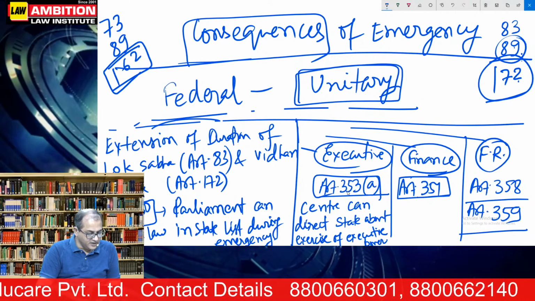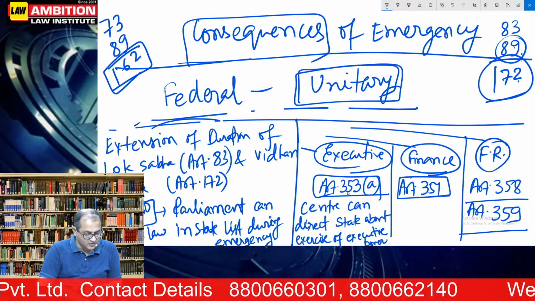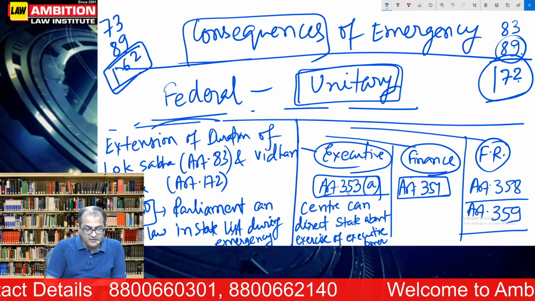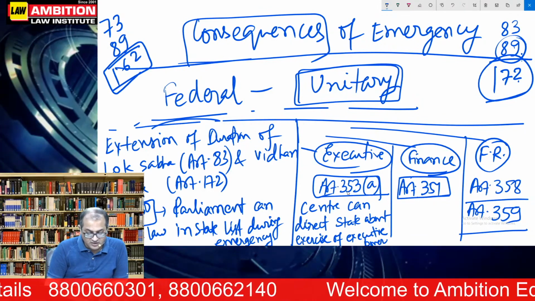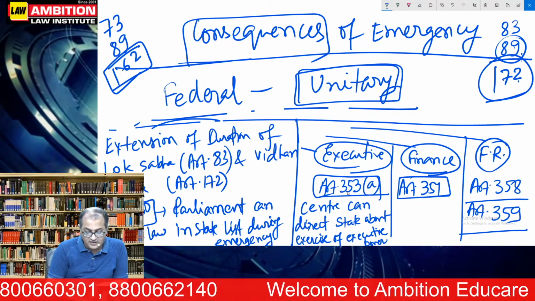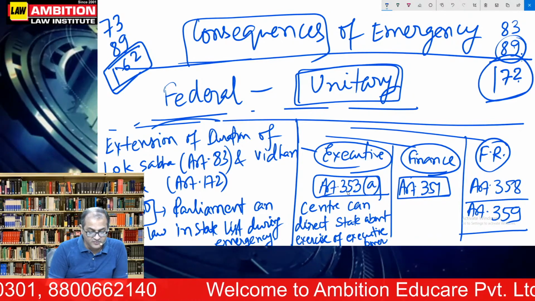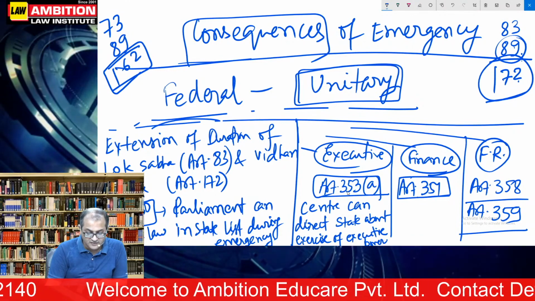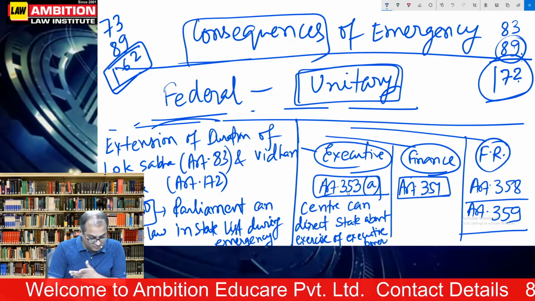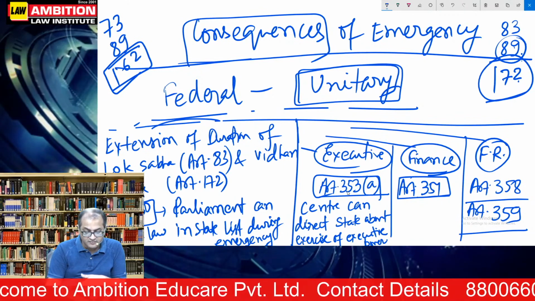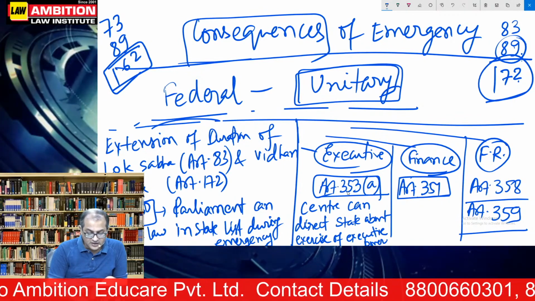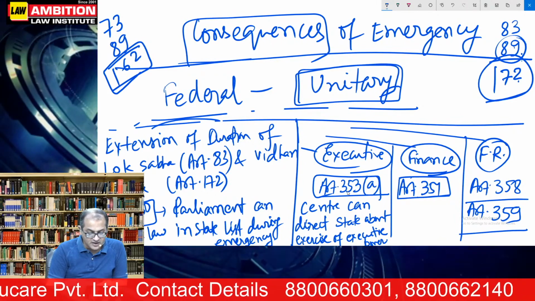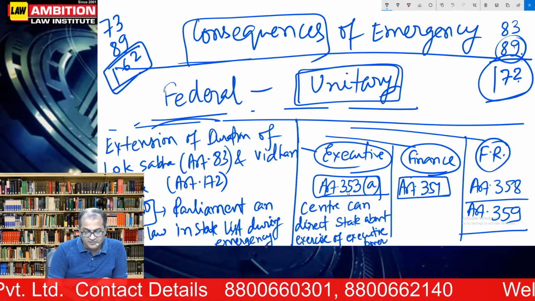The President may, while a proclamation of emergency is in operation, by order direct that all or any of the provisions of 268 to 279 shall, for such period not extending in any case beyond the expiration of the financial year in which such proclamation ceases to operate as may be specified in the order, have effect subject to such exceptions or modifications as it thinks fit. Every order made under this shall, as soon as may be after it is made, be laid before each house of Parliament.